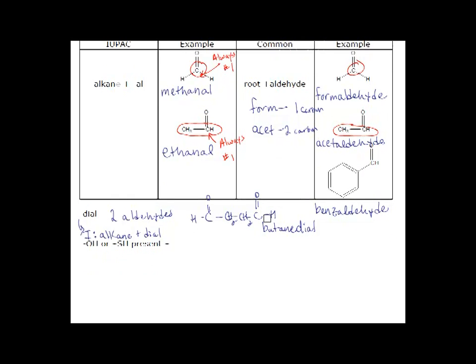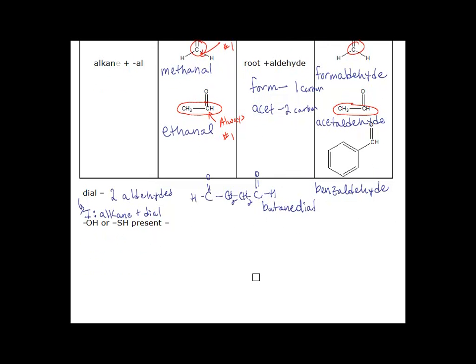Now there are cases where you will have an aldehyde with an OH or SH present. And you'll actually have this with other carbonyl containing functional groups. So whenever you have a carbonyl containing functional group plus OH or SH, you might think, well, how am I going to name this?